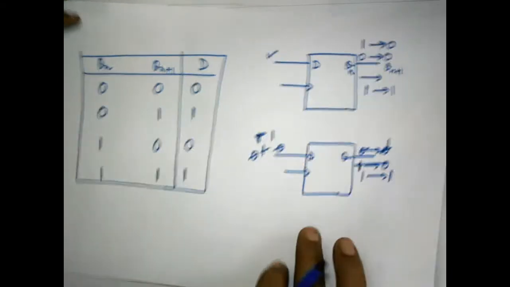Now let us make the excitation table of T flip flop.